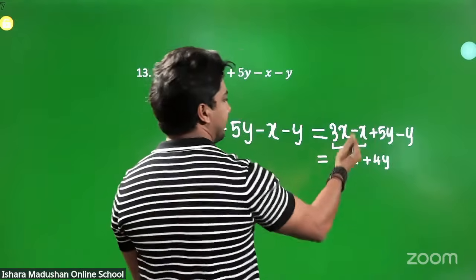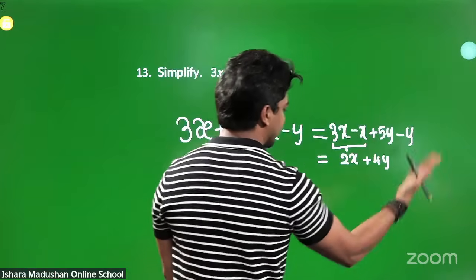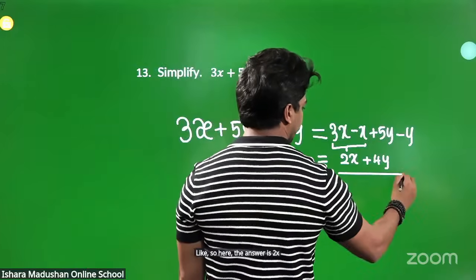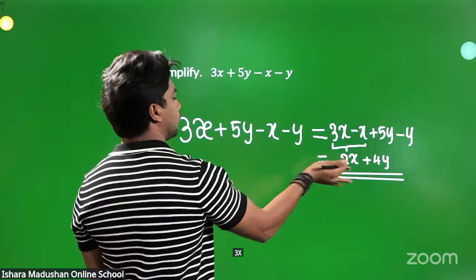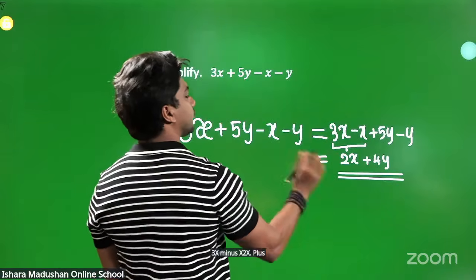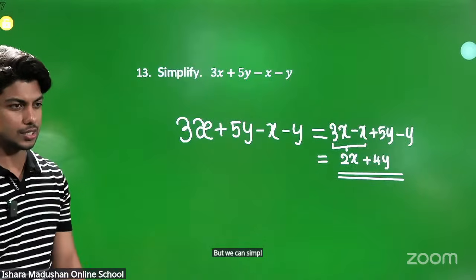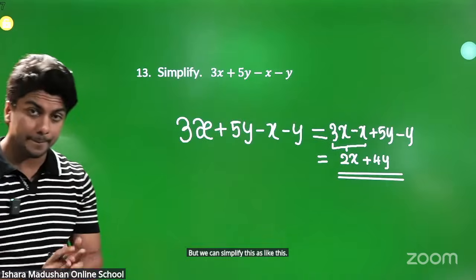Like taking one coconut from five coconuts leaves four coconuts. So here the answer is 2x plus 4y. You don't even have to write it like this: 3x minus x is 2x, plus 5y minus y is 4y. Right. We can simplify this like this.